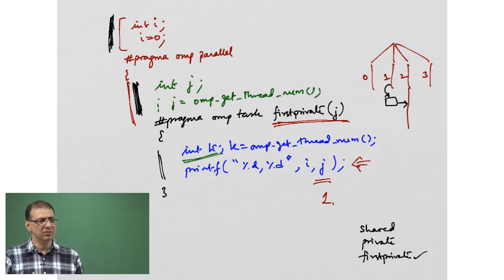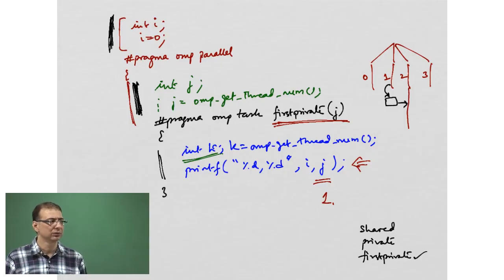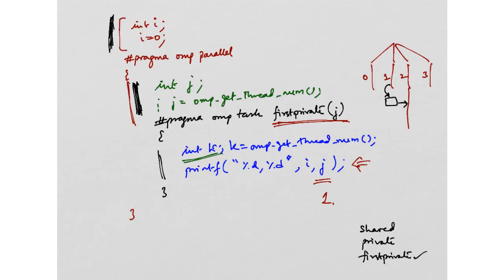So why should the tasks view them as private? Right? Why should the task have a private copy? I mean, the threads also wanted to view the same copy, global copies. As a programmer, I probably wanted to access the global variable, right? When I was trying to access that inside the task. So that's why these are treated as shared variables. Okay, so this is equivalent to saying here, shared i.